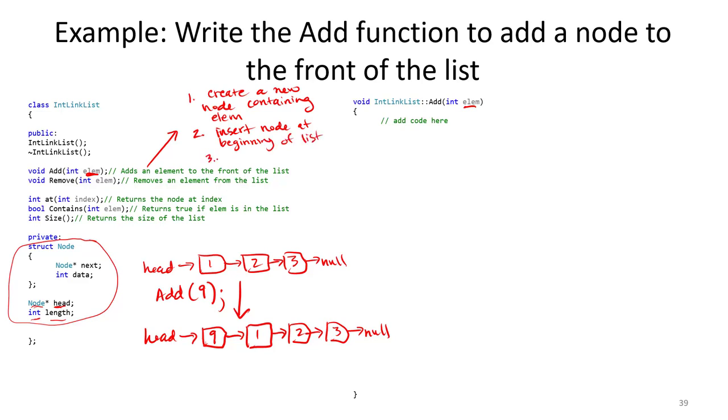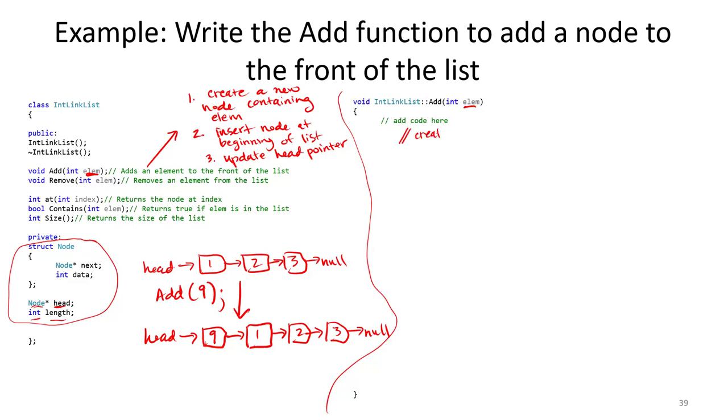And third step is we need to update the head pointer to make sure that head always points to the very first node. So let's go ahead and try updating this empty definition in order to correctly perform the add function.